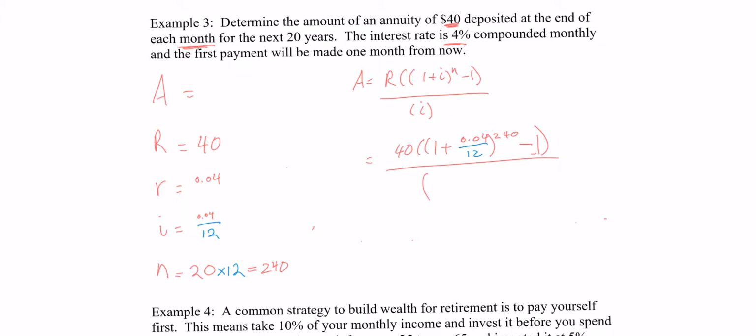Subtract 1, and then we divide by bracket 0.04 divided by 12 and bracket. Well, this equals $14,670.99, and that's how much money we make at the end of 20 years.